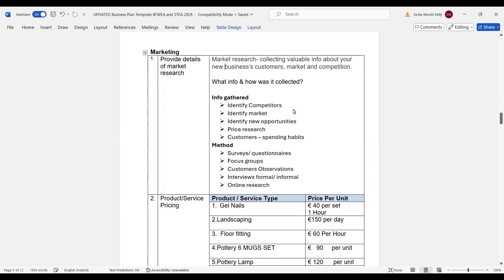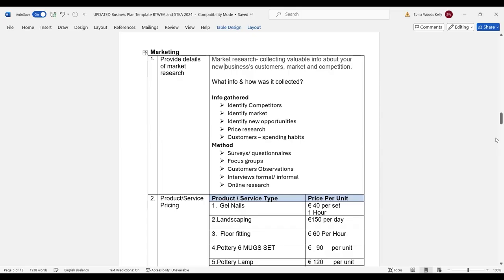When you have listed the information you have gathered, then disclose how you came about this information. You may have got it by carrying out surveys or questionnaires. You may have carried out research by means of focus groups and learning from their feedback.